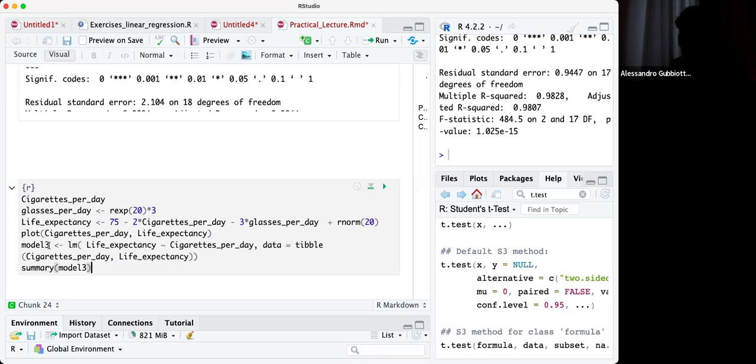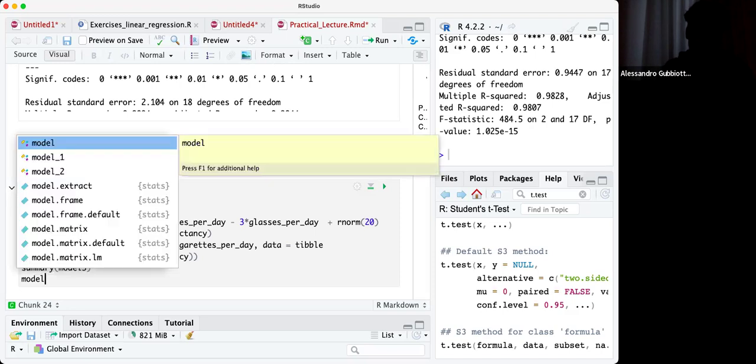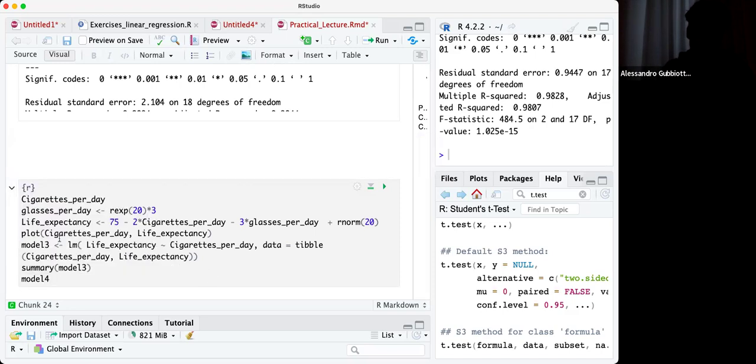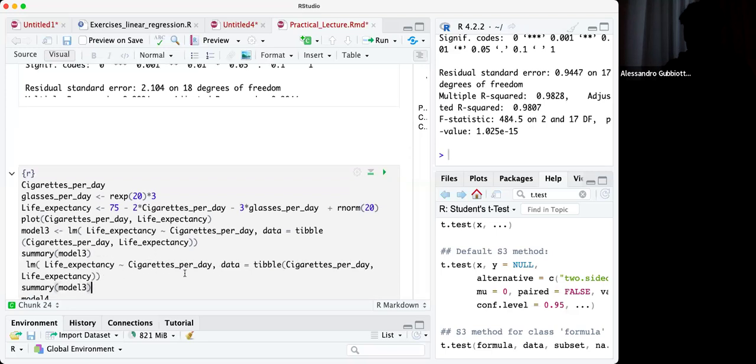And we add also the model 4 in which we also use the glasses per day.